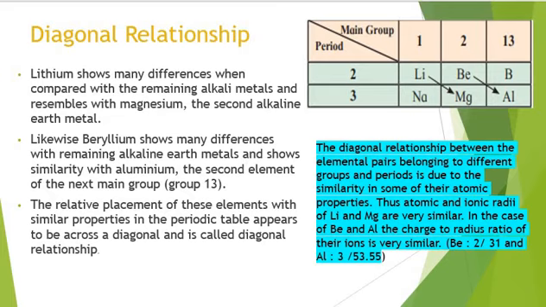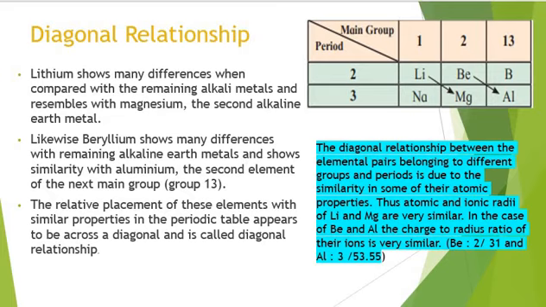Lithium shows many differences when we compare it with other alkali metals, and it shows similarity with magnesium present in group 2. Similarly, beryllium shows many differences when we compare its properties with other alkaline earth metals present in group 2 and shows similarity with aluminium present in group 13.